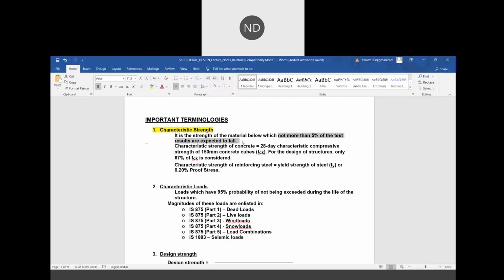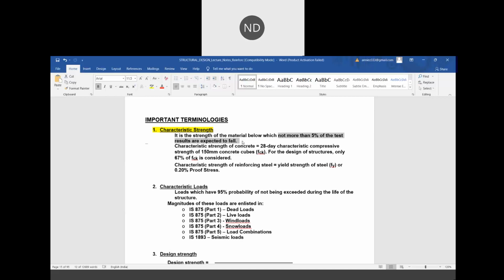That means the characteristic strength is that strength. Suppose it is 10 kilonewton. Below this strength, that means 9 kilonewton, 8 kilonewton, not more than 5% of the test results are expected to fall.